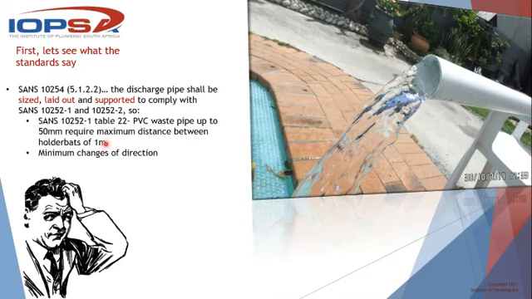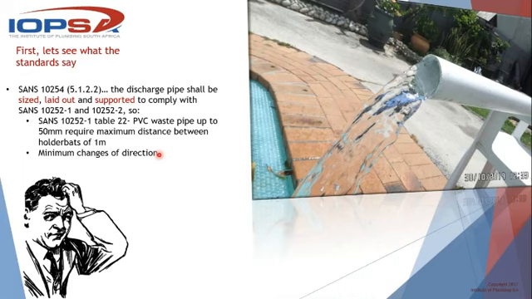So there already it says, okay, hang on. 10254 says I must comply with 0252. What does it say about brackets? Maximum 1 meter. Boom, done. So that's the first thing. Then, of course, you look at changes of direction, and now you can start to defend against six 90-degree bends, because that's too many.